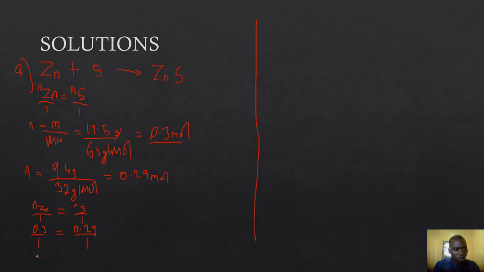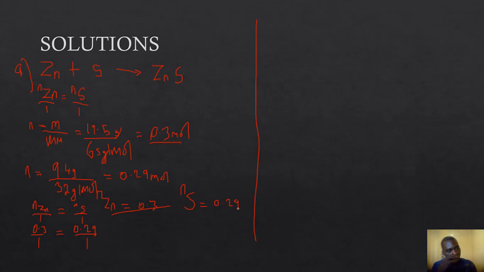So you find that this one will not be true. For zinc, the number of moles is 0.3, and the number of moles of sulfur will simply be 0.29.